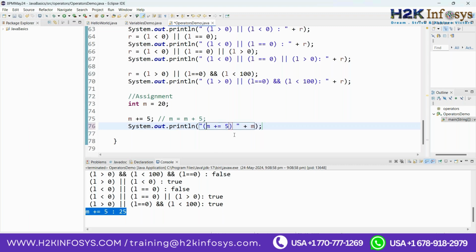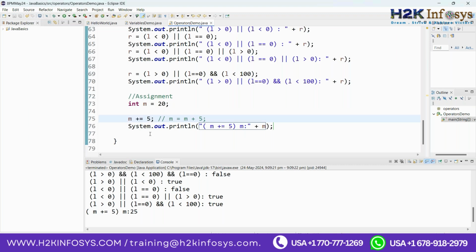After this expression, what would be the m value? Now if you see, m will be 25. Earlier m was 20, because we declared m with the default value of 20. But after that, I gave this expression. In this case, m becomes m equal to m plus 5.